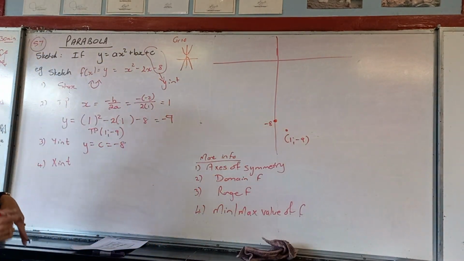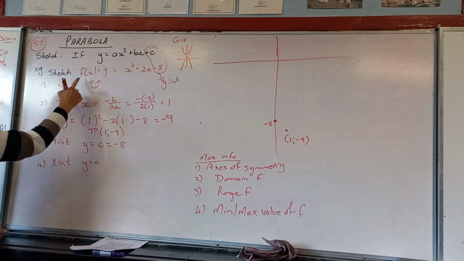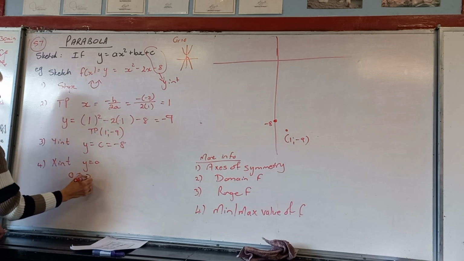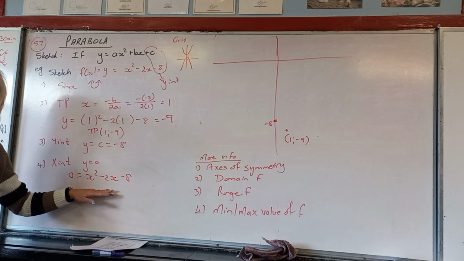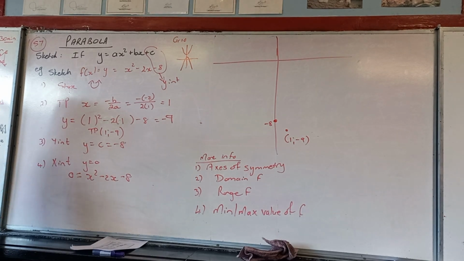How will I find x-intercepts then? Like y equal to 0. And if I do that in this graph, y, remember f(x) is y, 0 equals, and we're back to what? Quadratic equations that you've done millions of now. How do I solve that? Equal to 0, factorize.